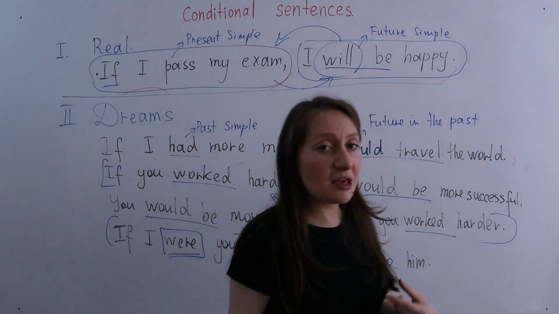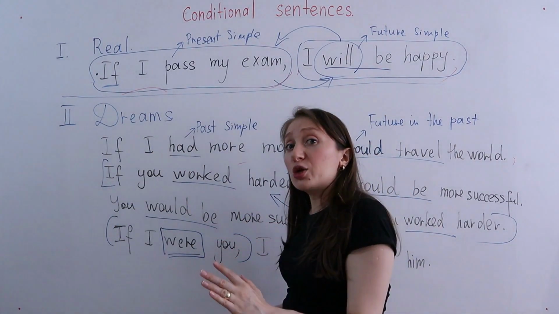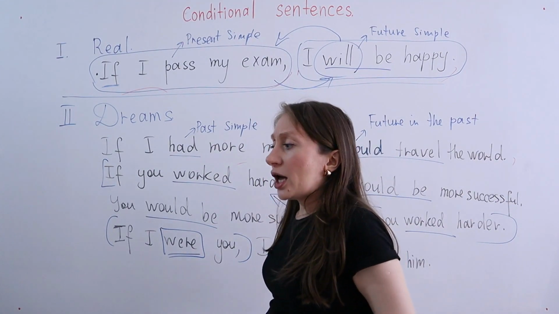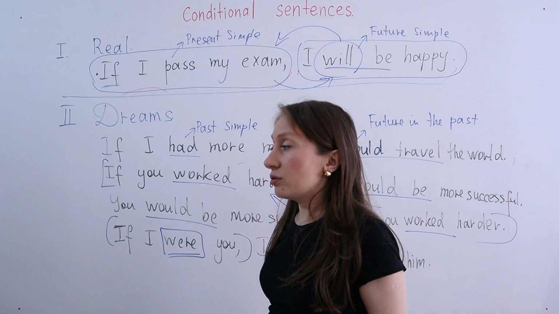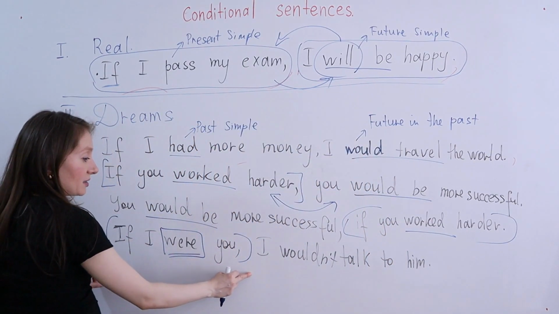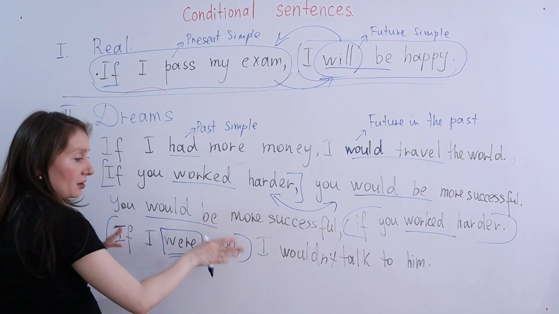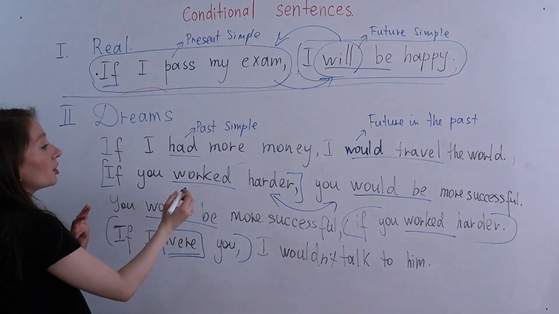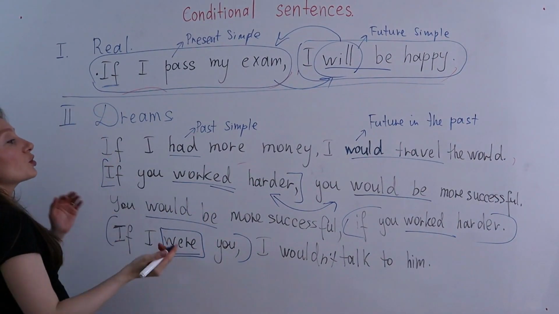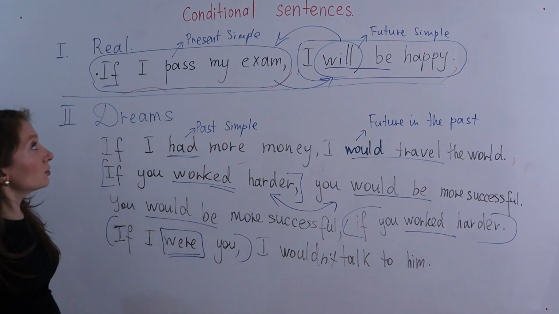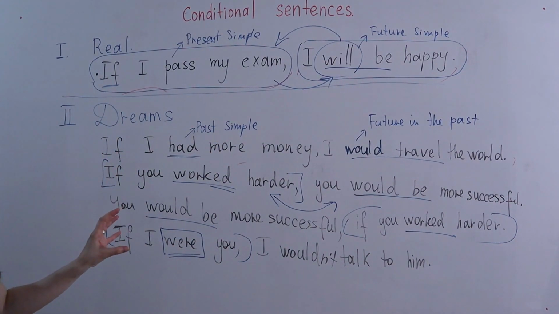Sen olsaydım. If I were you, I would work harder. If I were you, I would tell it, right? So, once again, inside of if sentence, past simple, the verb. If it's to be, always were. If it's normal verb, ed. If it's irregular verb, verb two construction, past simple. All right? So, conditional sentences.